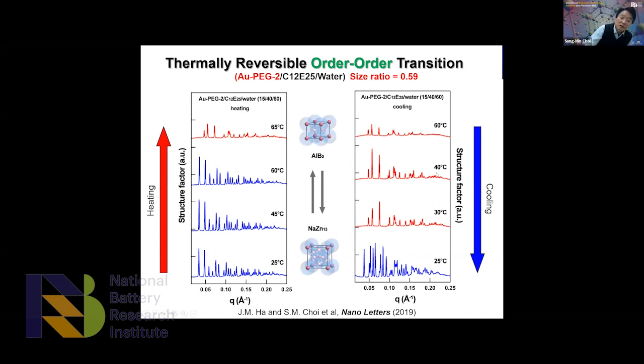So this is the first demonstration of a thermally reversible order-order transition in a nanoparticle superlattice. The reason we can have this thermally reversible transition is of course the micelle system, which we use as a component of this.